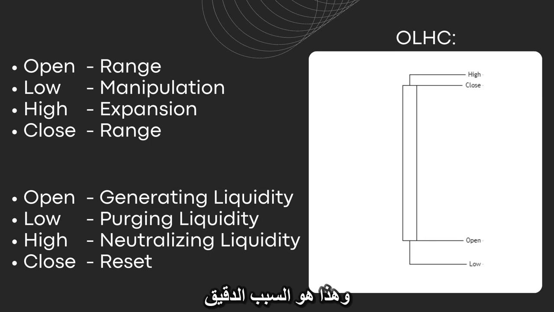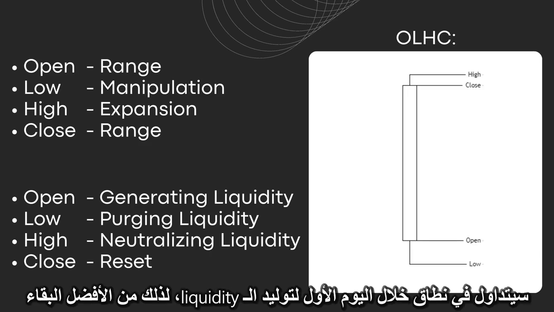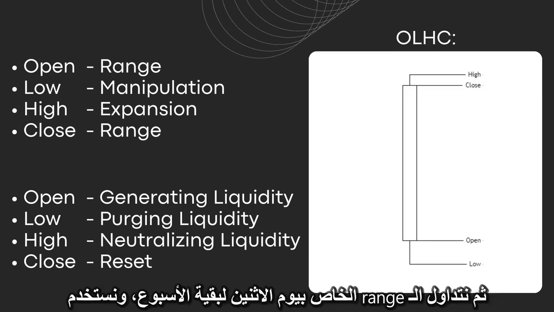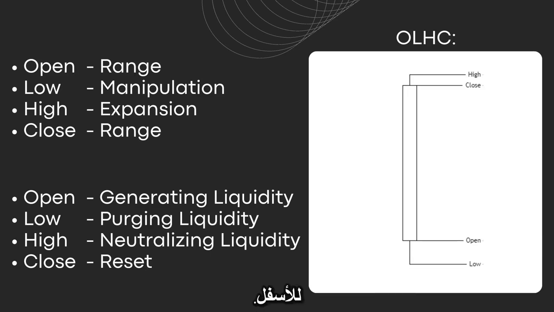And that is the exact reason why we usually skip Monday, because it's highly likely that price could range for the first day to generate liquidity, so it's better to just stay risk off and stay away from the charts instead of messing with the markets, right? And then we trade that Monday's range the rest of the week, and we use Monday's range to have range expansions or to distribute higher or lower.